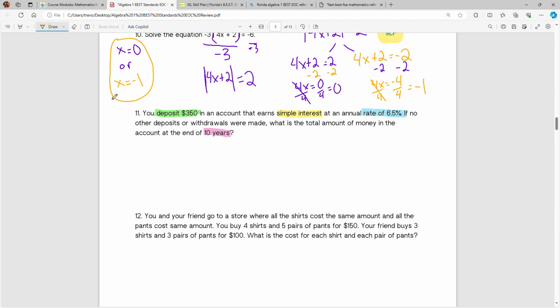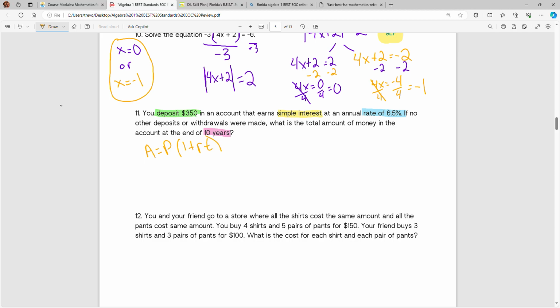So, first I'm going to write the formula from the reference sheet. A equals P times 1 plus RT.